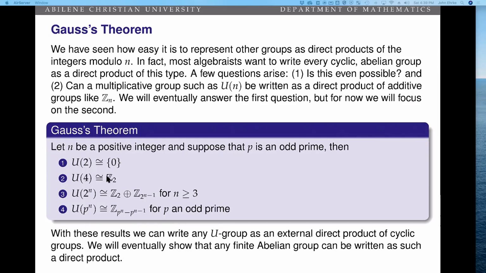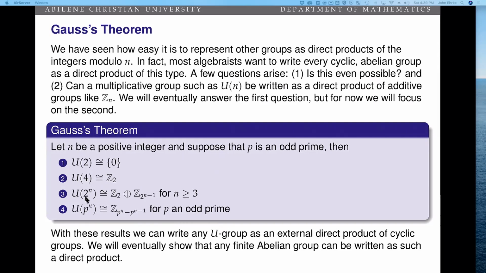U4 is isomorphic to Z2, and that one's easy to prove. Just write out the elements of U4. You can show that there's a one-to-one onto operation-preserving map between those two. It's pretty easy to show that. If you have a power of 2, because remember what causes this issue are the repeated factors, right?